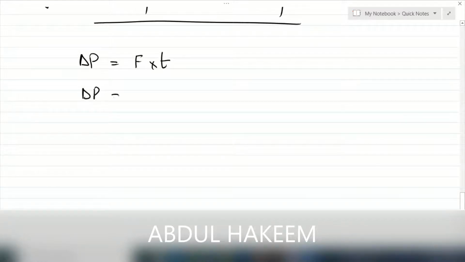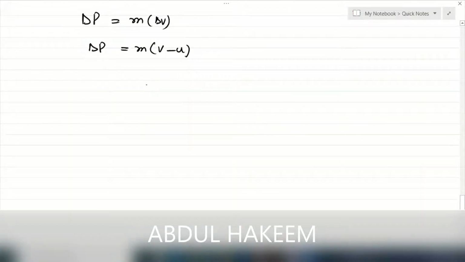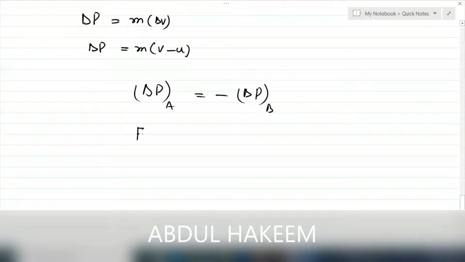Change of momentum is m times delta v, and the change of momentum can be written as m times final velocity minus initial velocity. So when we write change of momentum of A is equal to minus change of momentum of B for the Newton's third law, we can also write FA tA minus FB tB. So this is another shape of this change of momentum.